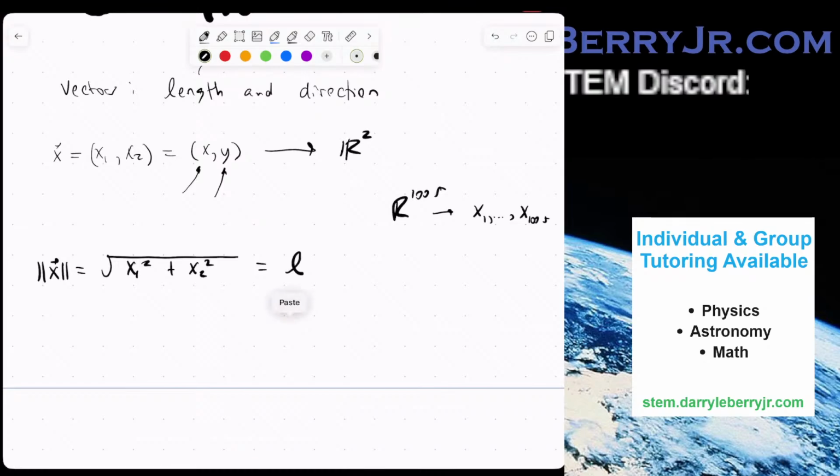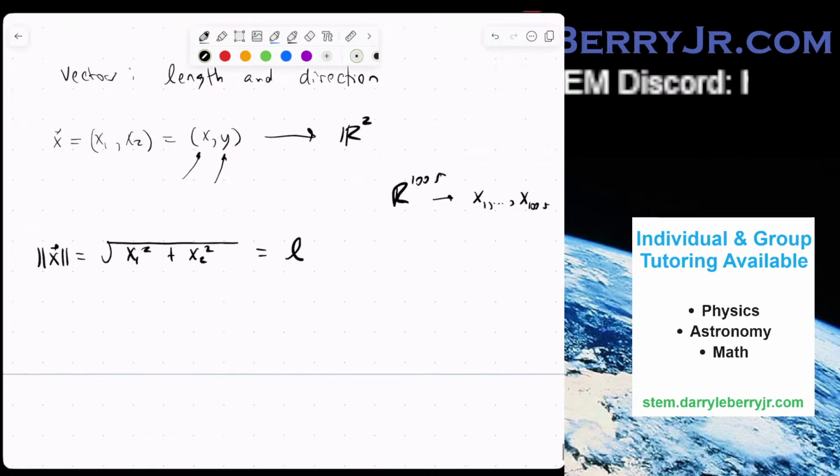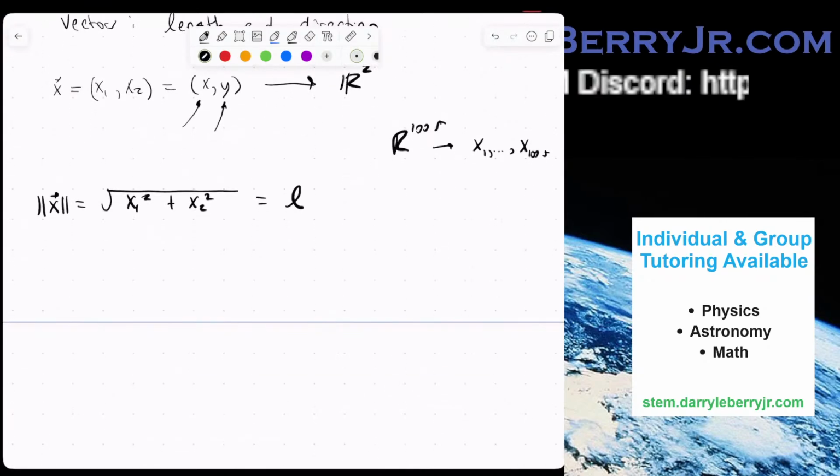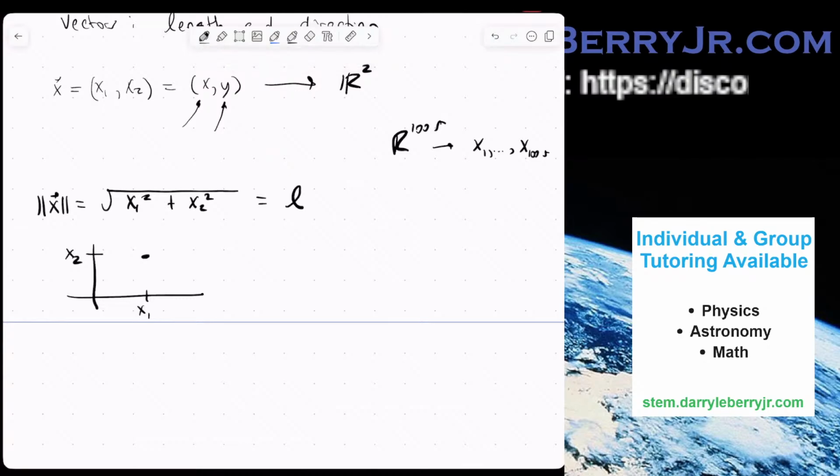The direction, well, technically I guess it is necessarily in the point. Because if we have this point here, this will be x1, and this will be x2. So we can say that this will be the vector that we're referring to.